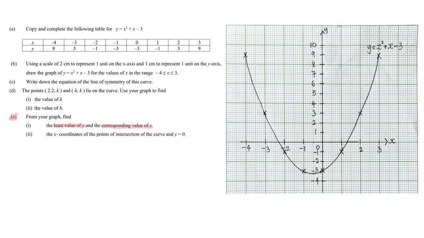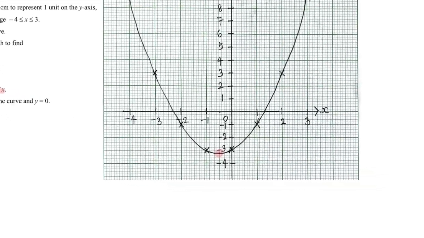Okay, so as we go through this graph, do take note, the lowest point is actually at this point here, which I'm highlighting, and I'm going to just zoom in to the graph now.